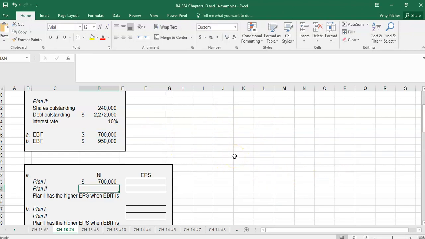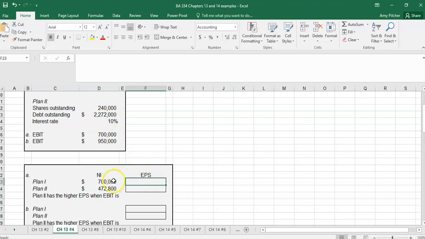And that's because if we aren't looking at tax effects and we have zero debt, we don't have any interest and taxes that affect our net income. In plan 2, we have an interest payment. So then we would take the 700,000 minus debt times the interest percent to get the amount of interest that we are going to subtract.